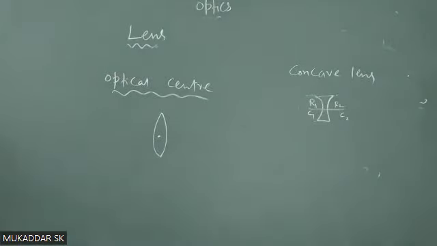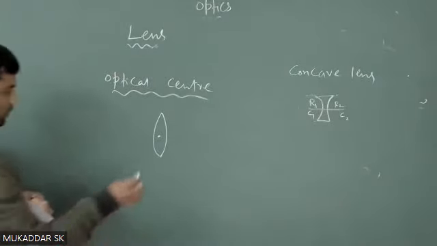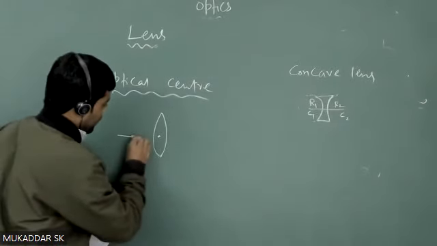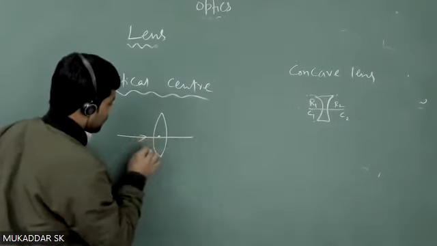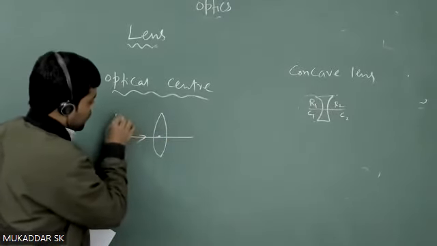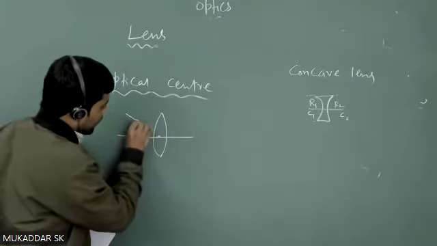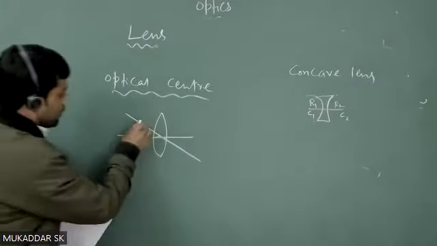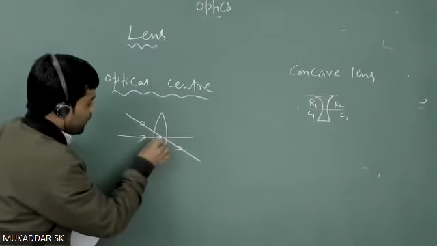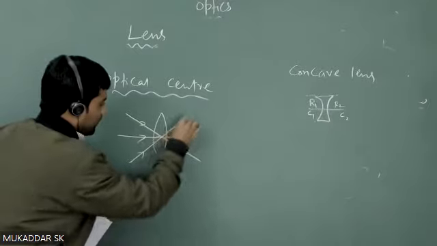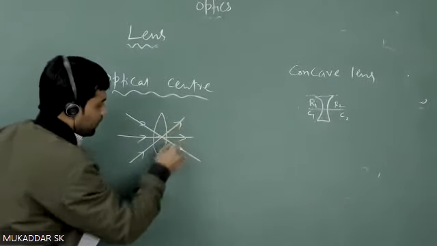But the significance of this optical center is that whenever rays strike at the optical center, the refracted ray will be undeviated. Irrespective of the direction from which the rays come, if they strike at the optical center, the refracted ray will be undeviated.